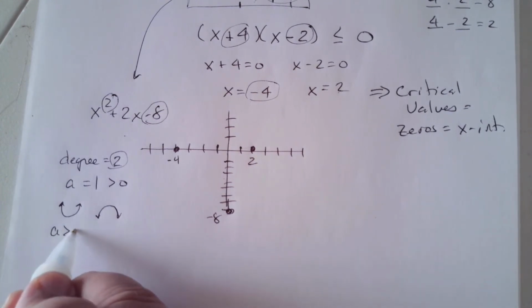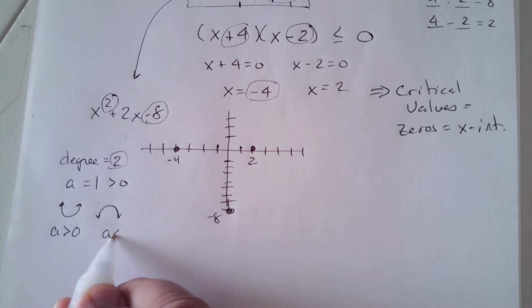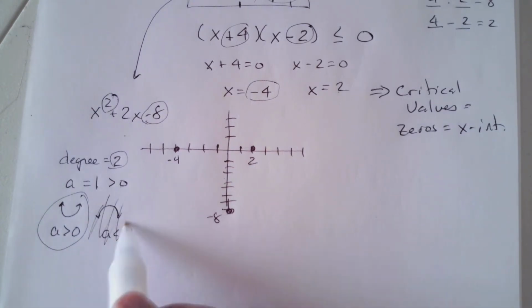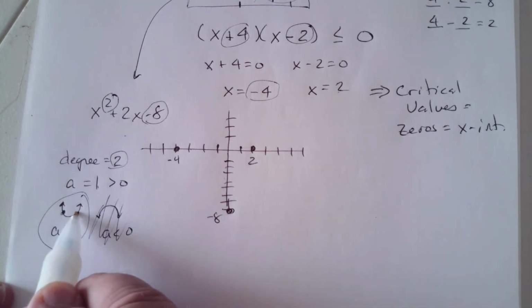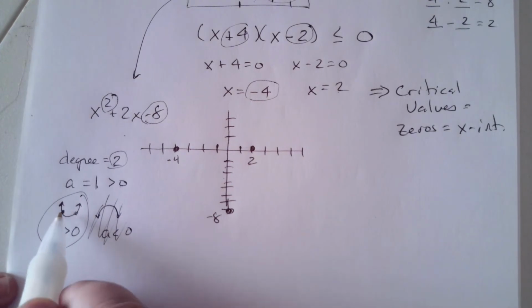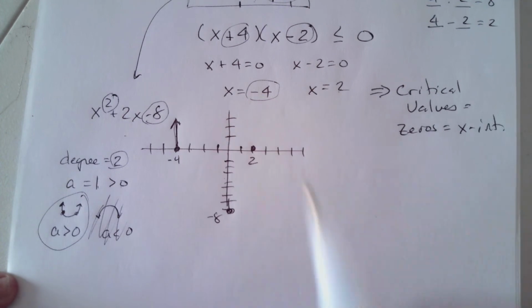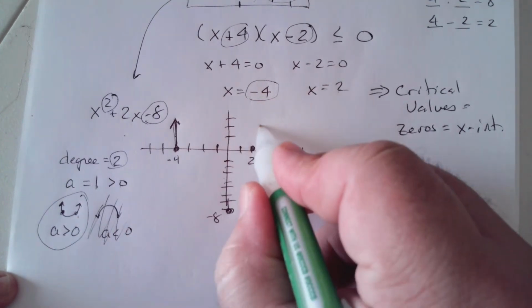They point up if a is positive, they point down if a is negative. Since a is greater than 0, the graph looks like this. So on the left side it goes up, and the right side it goes up.